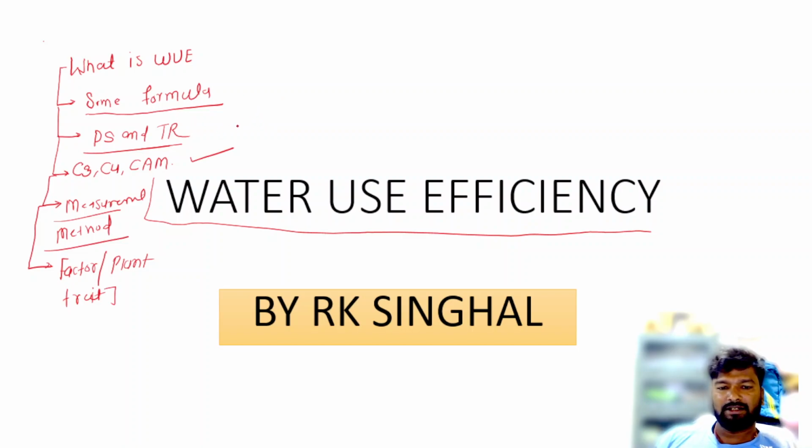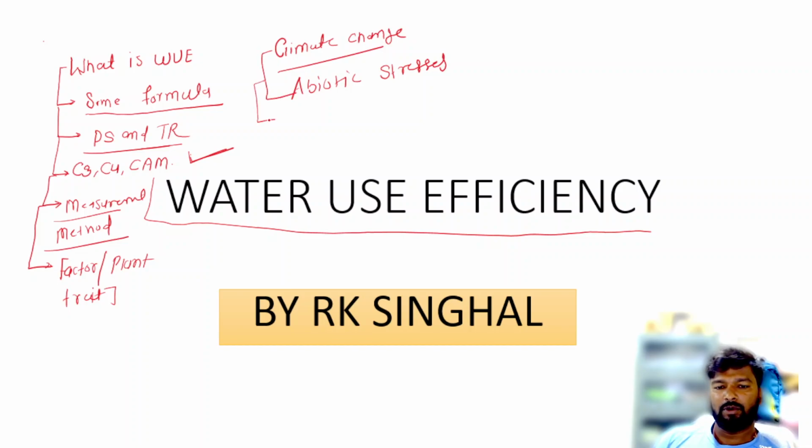So friends, you know that in today's agriculture, climate change and abiotic stresses are the major problem which is reducing the yield and productivity of major agriculture crops.